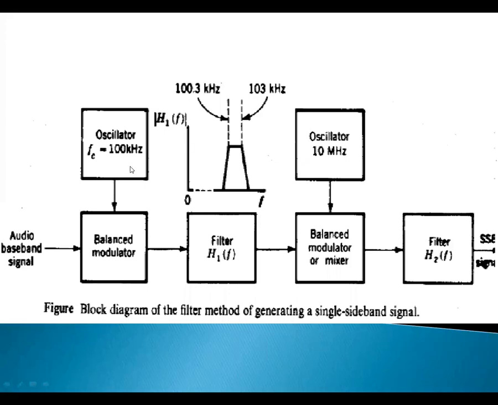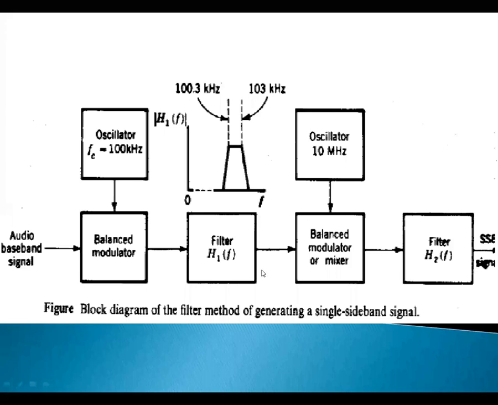Now 10 megahertz is greater than 100 kHz, no? If the signal is mixed with 10 megahertz, it is converted to high frequency, and the signal is attenuated very little after mixing. That's why you can use the second balanced modulator or mixer. I understood that concept.